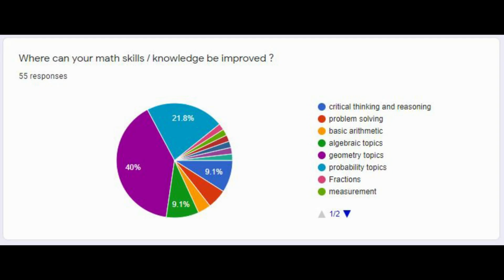We've been focusing on so much algebra. Many of us are nervous about geometry in the high school, so I totally get that response. Also, noteworthy is the 21% of people that want to improve on probability. Definitely some cool math topics in the realm of probability for sure.